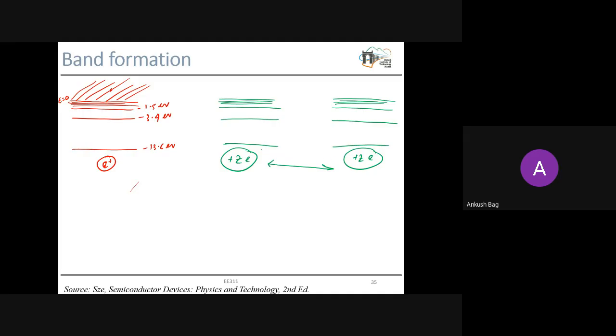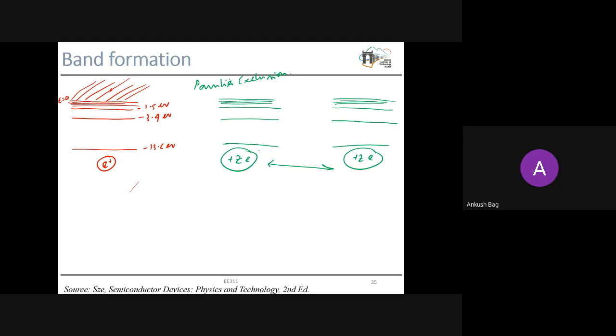I think you know there is something called Pauli's exclusion principle. It says that no two electrons could have the same quantum number.